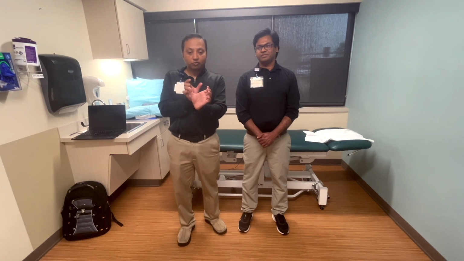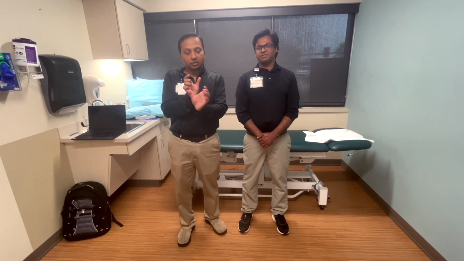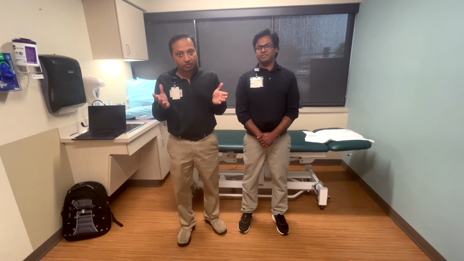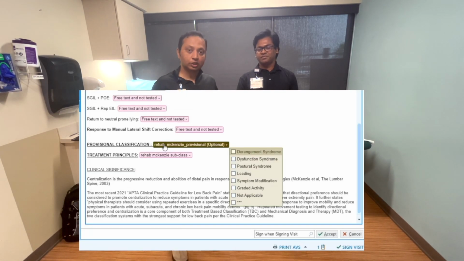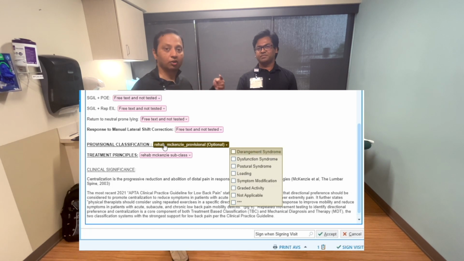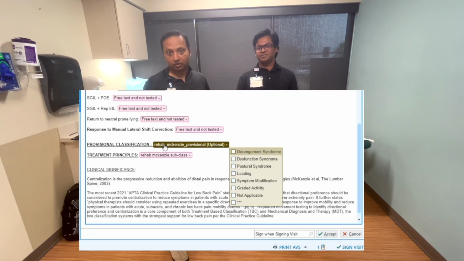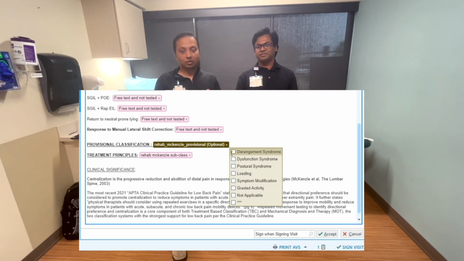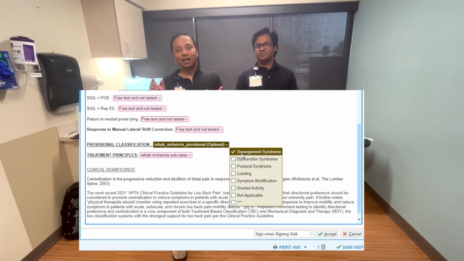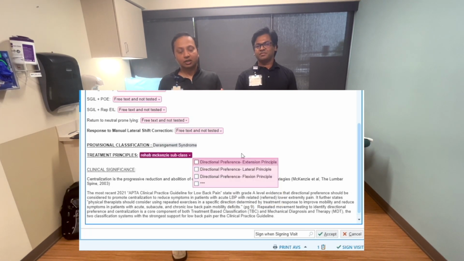Now, just before that section, we have a section for provisional classification. And in this case, it is a derangement syndrome, because we saw a lot of classic signs of derangement syndrome. If we want to choose that, if we want to input that, it's our choice. If we don't want to, we can just do the treatment principle, lateral principle in this case, as our direction of preference.